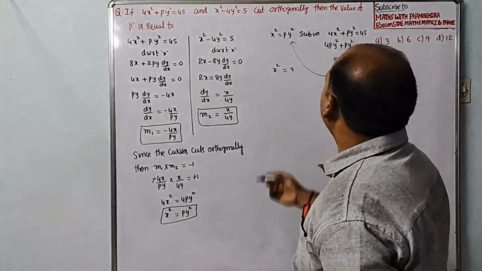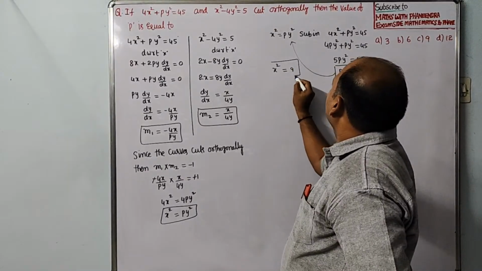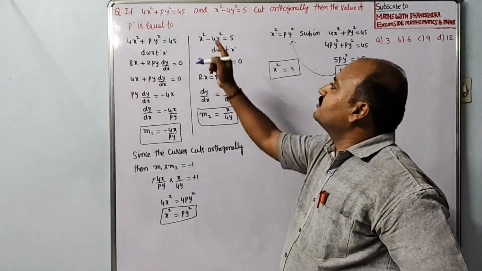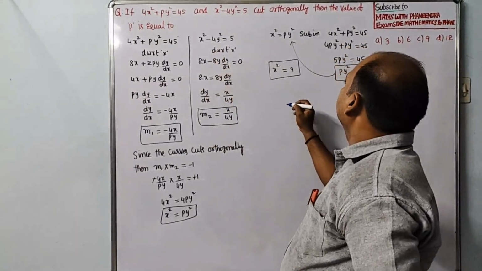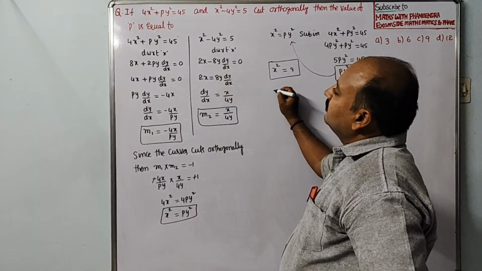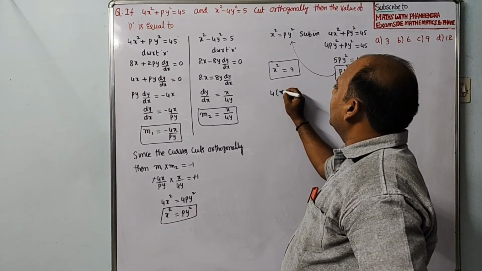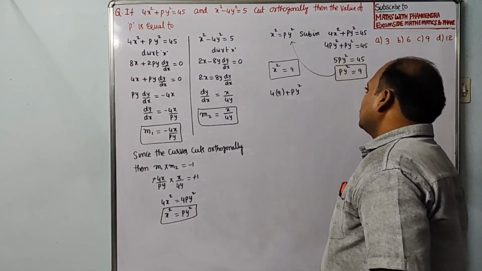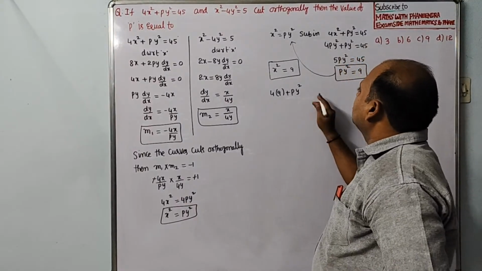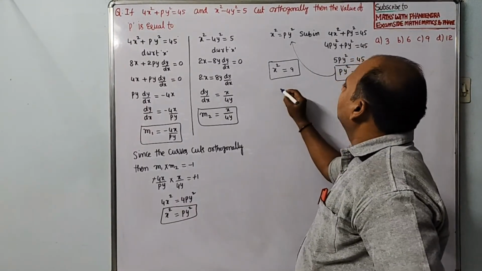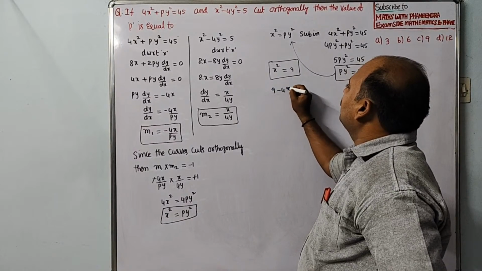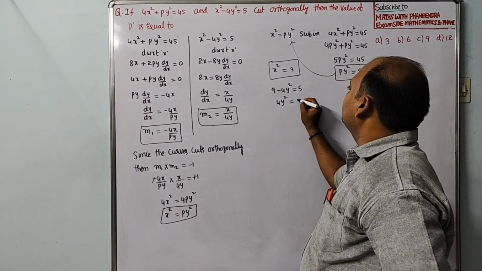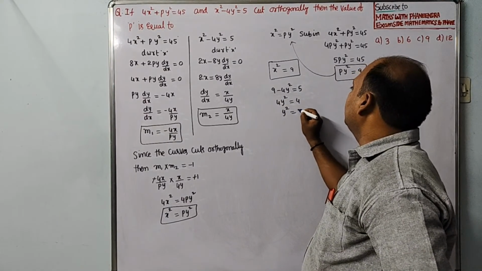What are they asking to find? P value. So x square value 9, substitute in the second curve: 9 minus 4y square is equal to 5. So 4y square is equal to 4. y square is equal to 1.